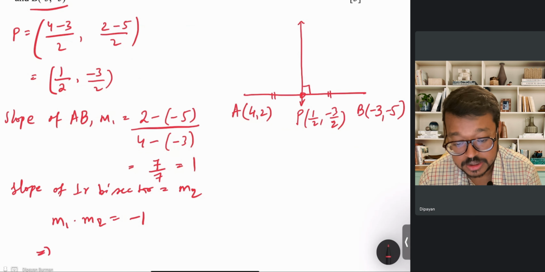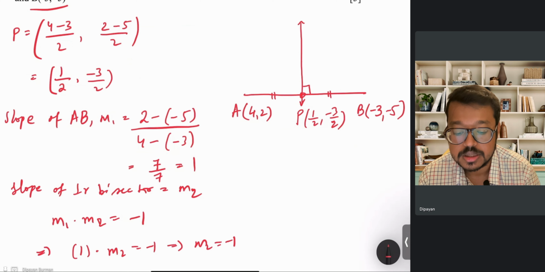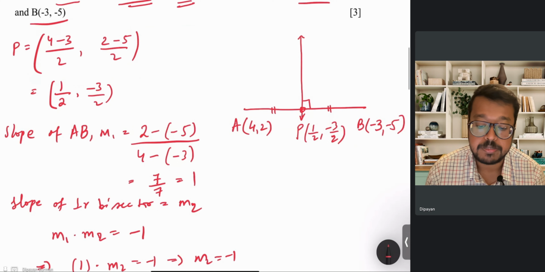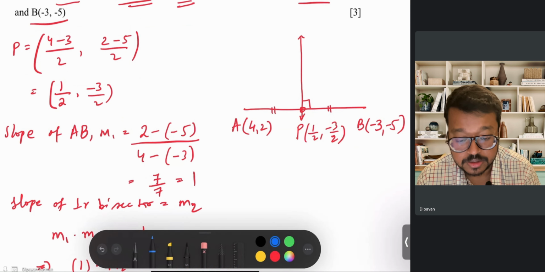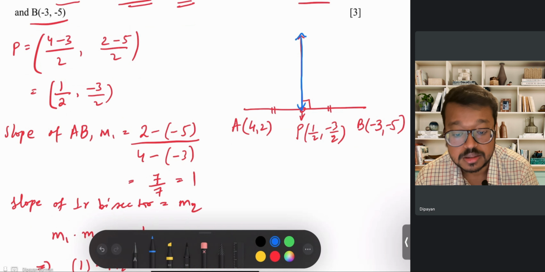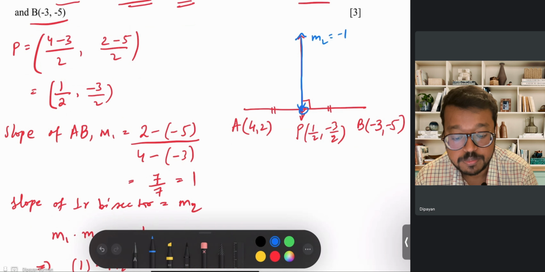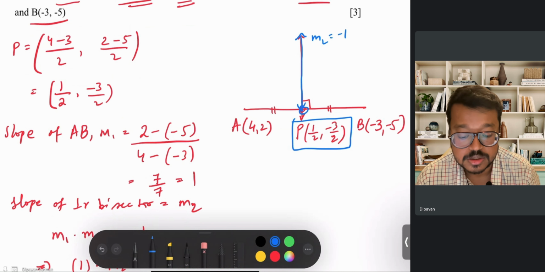M1 is actually 1, the slope of AB is 1, multiplied by M2 is minus 1. That means M2 is minus 1. So the perpendicular bisector that we are trying to find, the slope is minus 1 and it passes through point P, which is of this coordinate.